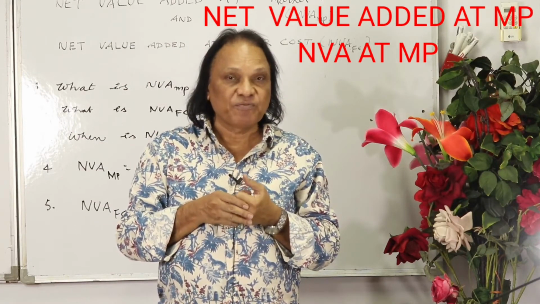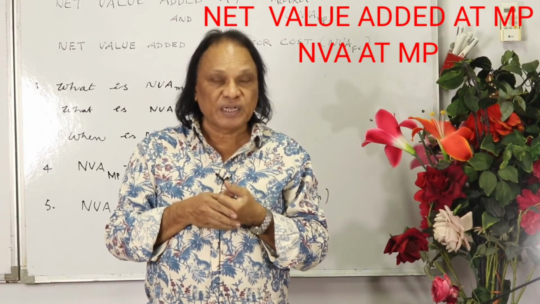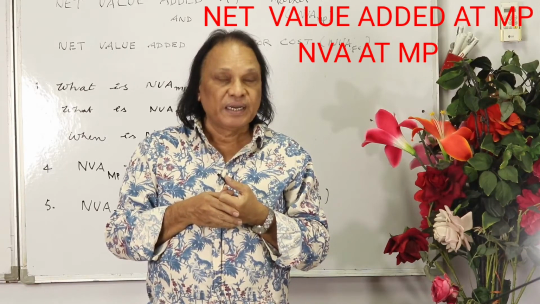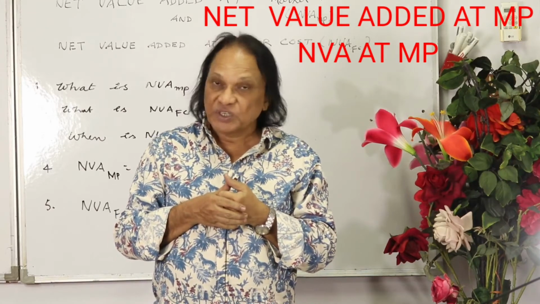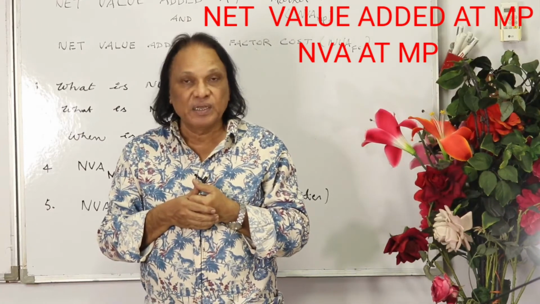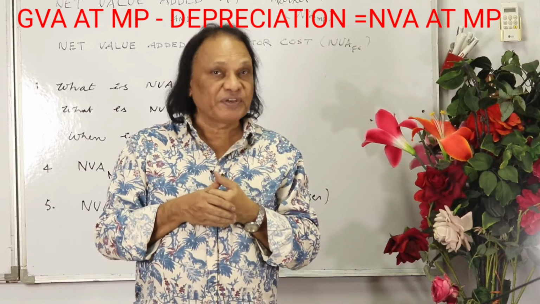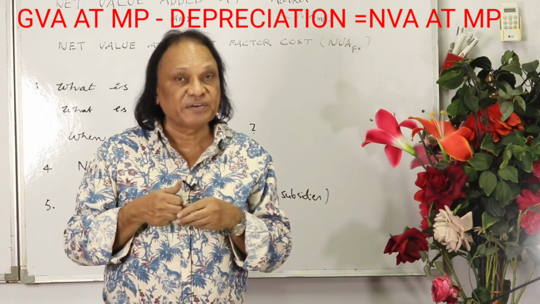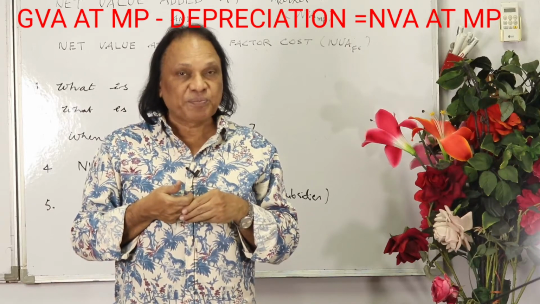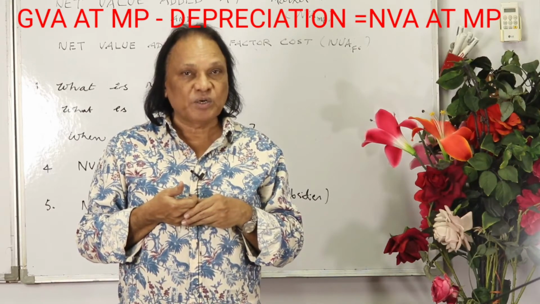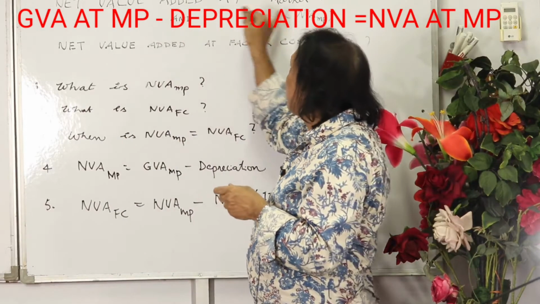If we subtract depreciation from the gross value added at market price, we get net value added at market price. The definition of consumption of fixed capital is the loss in the value of a fixed asset due to normal wear and tear and expected rate of obsolescence.